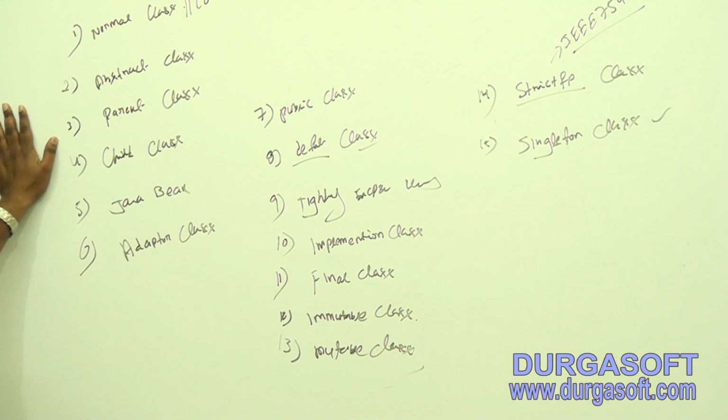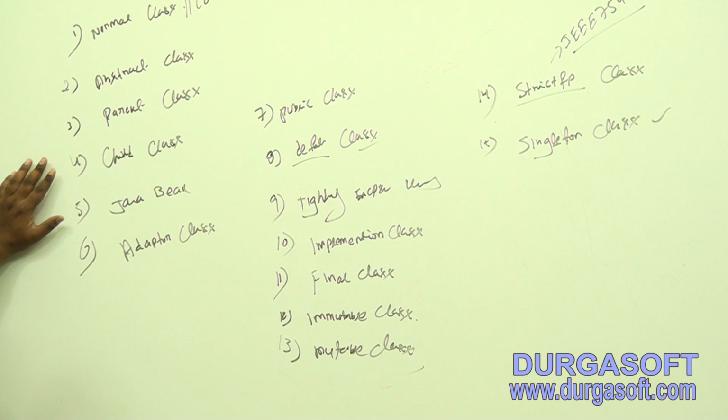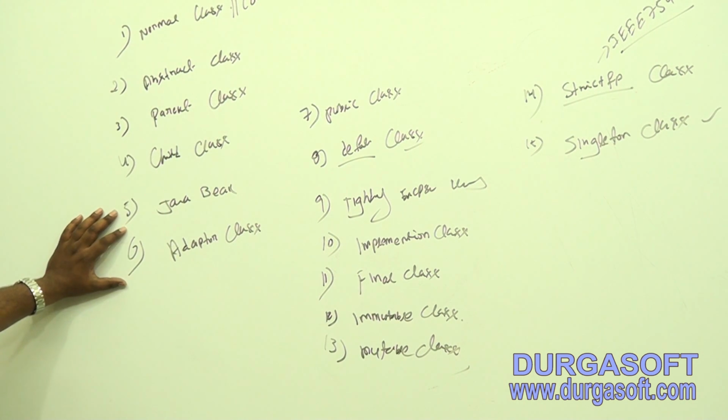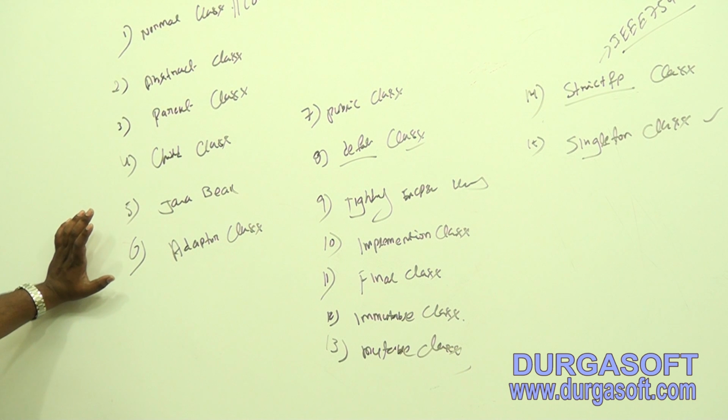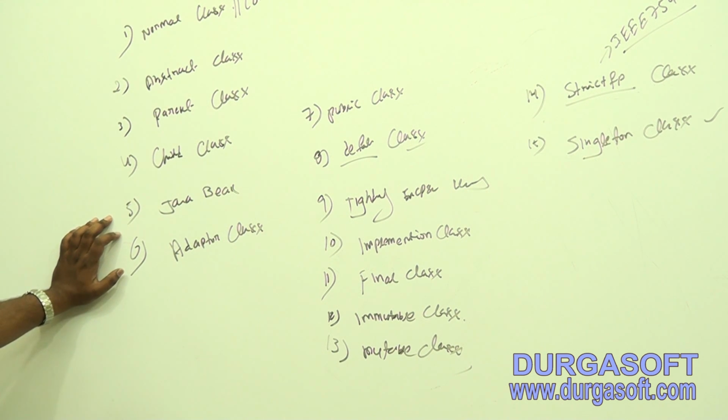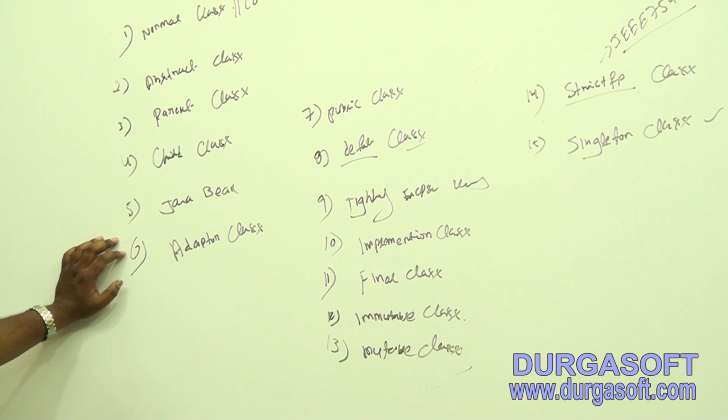Child class, the class which acquires the properties. Bean class, the class contains private properties, public setter and getter methods. It is a reusable component. Adapter class contains empty implementations of interface methods. If you are implementing an interface, override all methods. If you are extending an adapter class, override required methods.